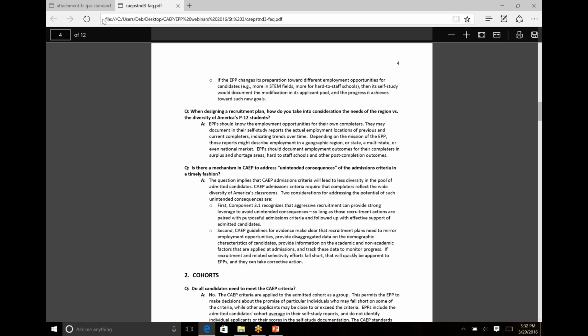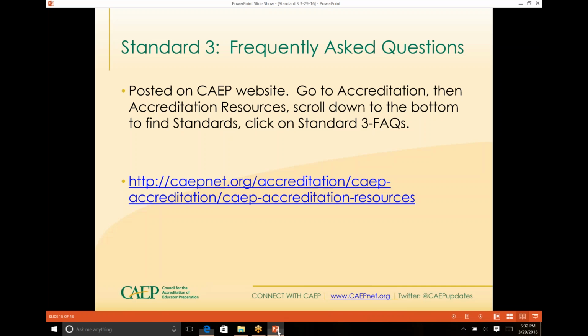All of this is available on the CAEP website. Go to accreditation, then scroll down to CAEP accreditation resources, and then scroll down to the bottom of the page, and you click on Standard 3 FAQs, and that's where you'll find those materials. And it's really a good read.